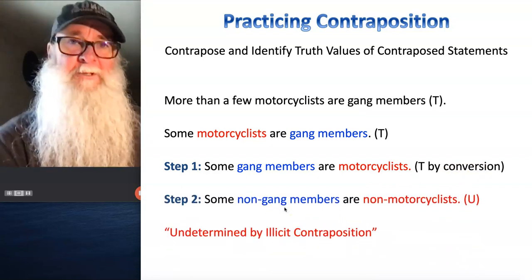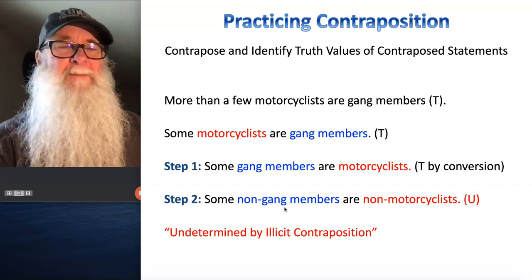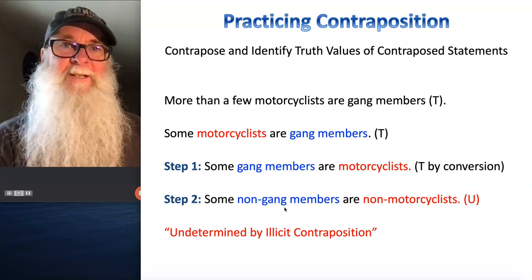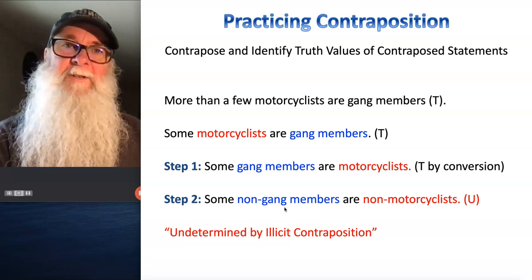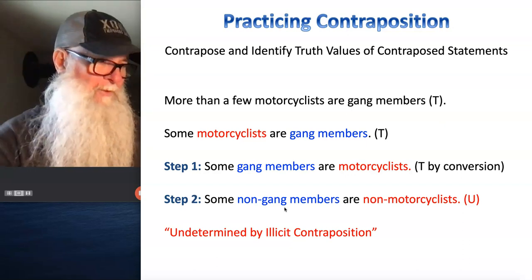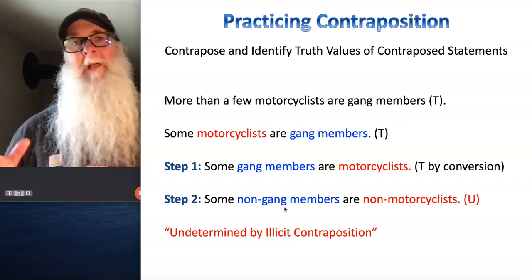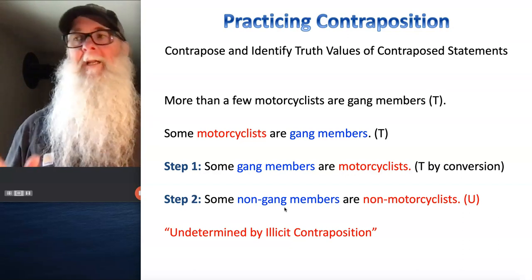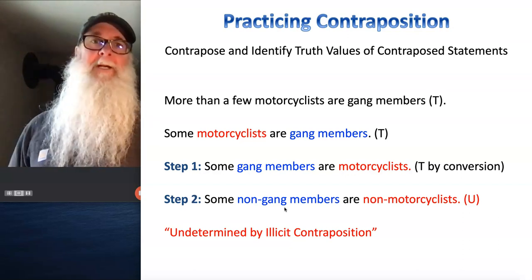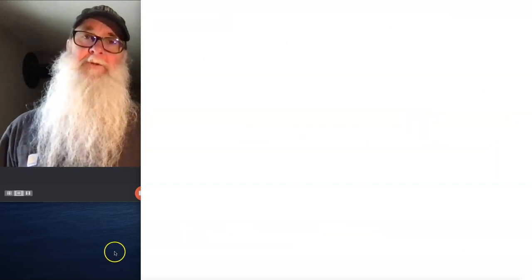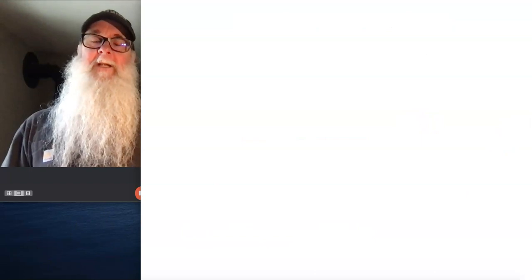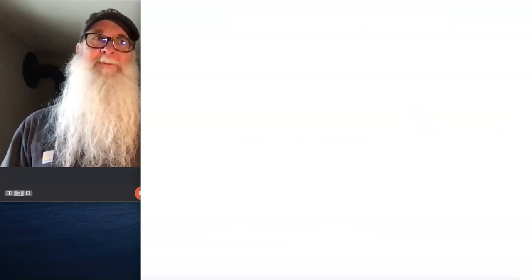We're going to replace both the subject and predicate terms with their term complements. But then we've got an undetermined truth value for this new statement we've created because of illicit contraposition. We broke the rule of contraposition by trying to apply it to an I statement. And while we can technically do that, when we do it, the resulting statement will have an undetermined truth value. All right, so in the next lecture, I'll prove what I'm telling you about contraposition is true.